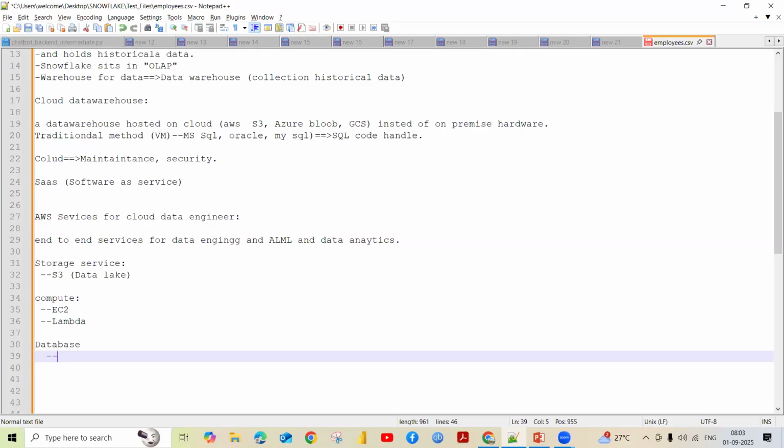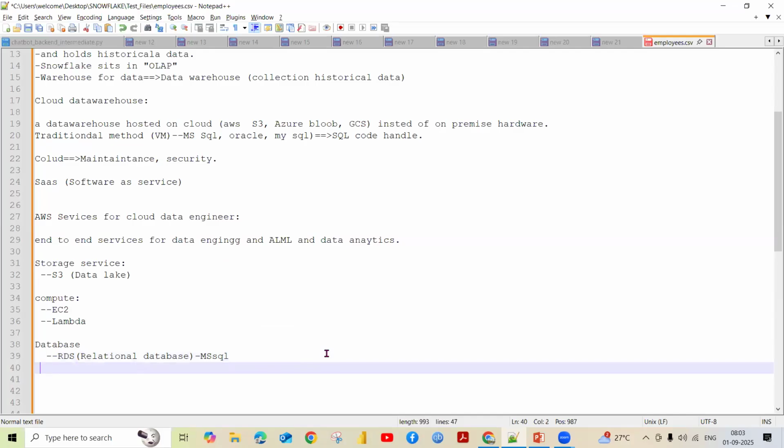So we have RDS, the Relational Database Service. It works similar to your MS SQL and offers similar capabilities. So this is enough for the database service.